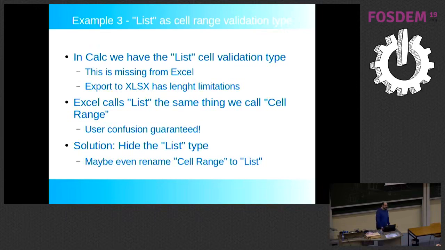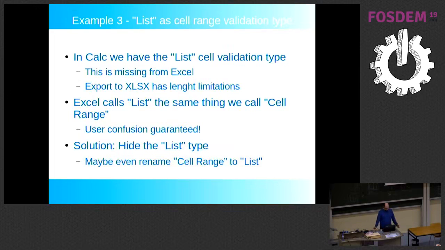But what's worse, Excel calls something a list as well, but the list they call is what we call cell range. So user confusion is absolutely guaranteed because the same thing has different names.